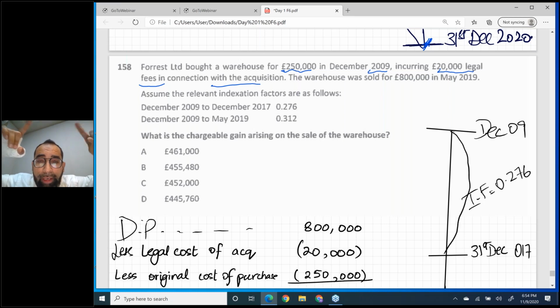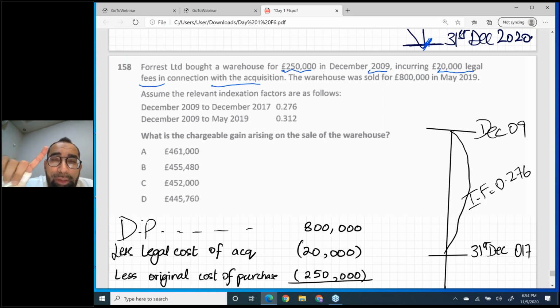I told you on the initial slides of capital gains that legal cost to buy or sell your chargeable asset is allowed. As this is the legal cost of acquisition, this cost is also incurred on the same date, that is December 2009. So we had two costs on 31st December 2009.